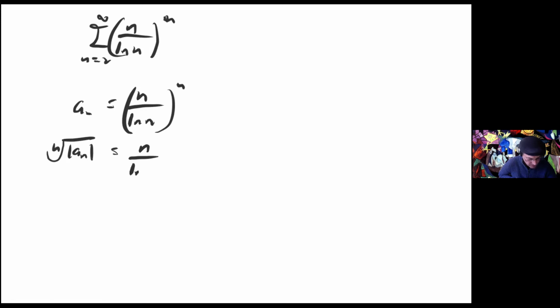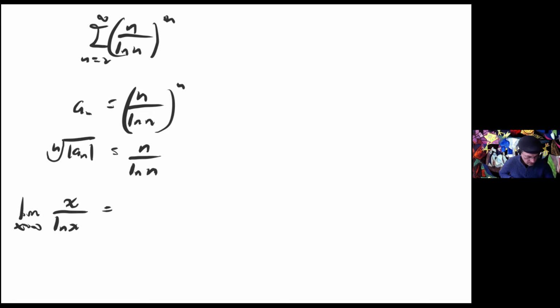Well, a sub n is (n over ln of n) to the nth power. So the nth root of the absolute value of a sub n is n over ln of n. So we have to see what's happening to n over ln of n. So I suggest we look at x over ln of x, the function f of x, and we want to understand what happens to this as x goes to infinity.